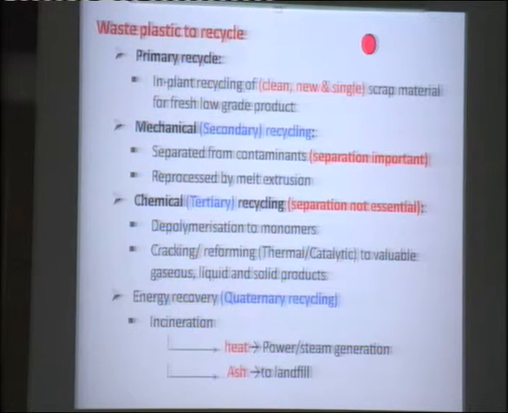In mechanical recycling, you have to separate all the plastics, and then you can produce different products separately. In tertiary recycling, you do not separate them. You can process them together by cracking and reforming, and you can get different types of fuels, as I was talking about. But this separation is very difficult.